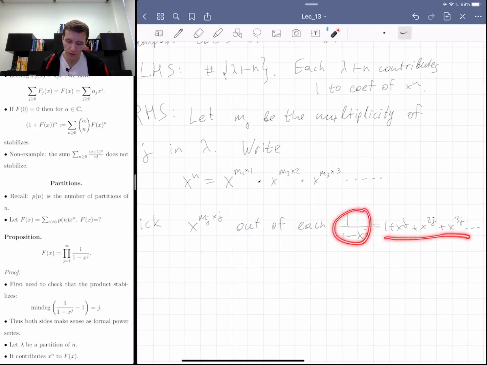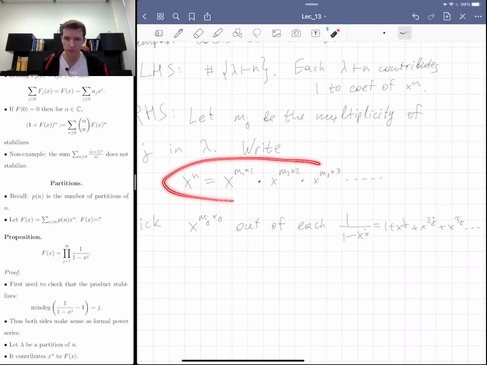Since you know the multiplicity, you can pick the correct term out of each, and you can multiply them together to get x to the n.